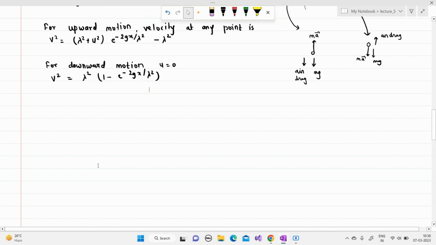Now we have to find the difference in the kinetic energy, that is, the loss in kinetic energy.